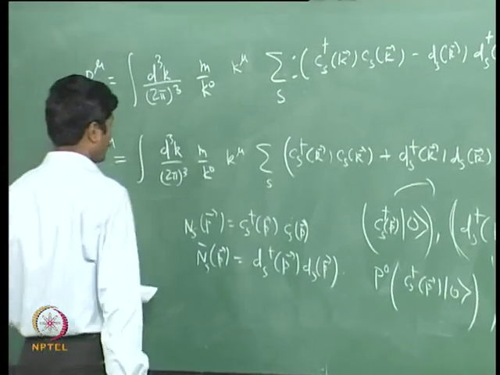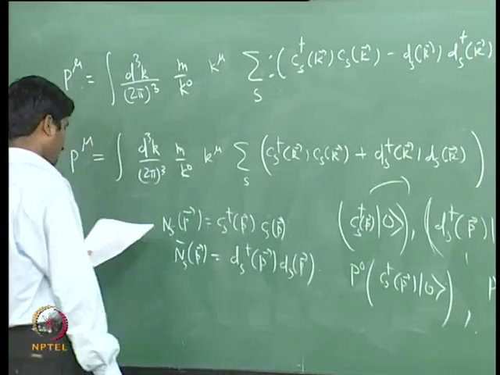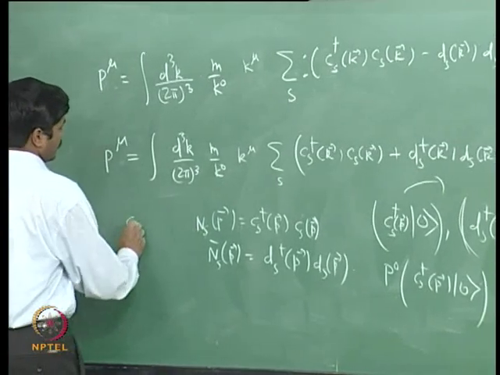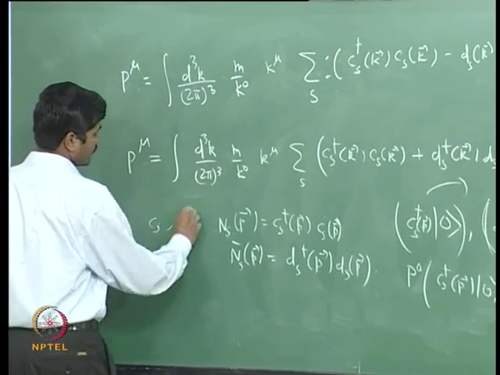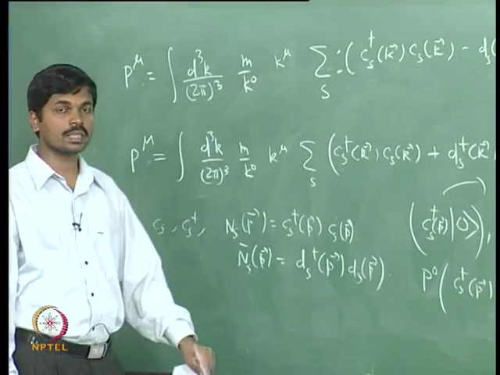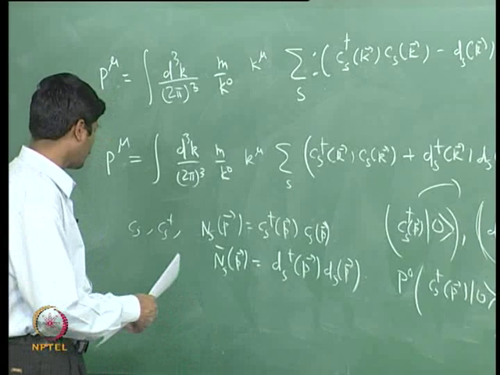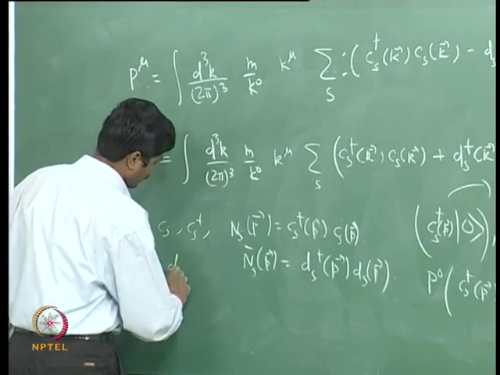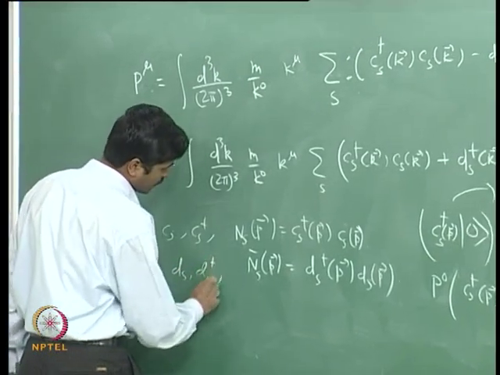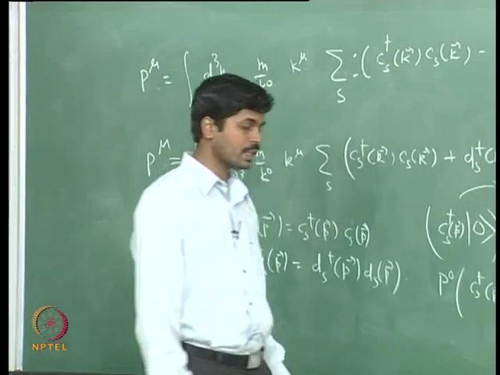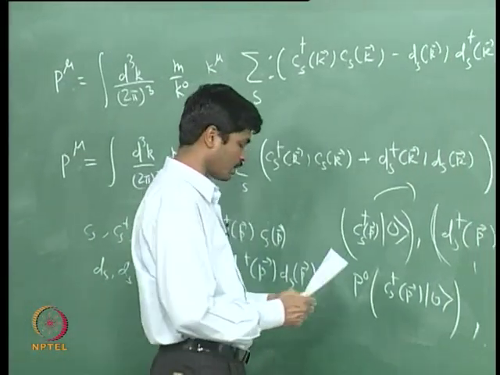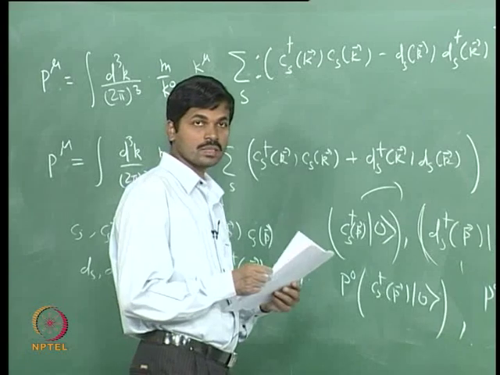So C_s, C_s dagger, N_s are basically the annihilation, creation and number operators for particles, whereas d_s, d_s dagger, N_s bar are the annihilation, creation and number operators for the antiparticles.